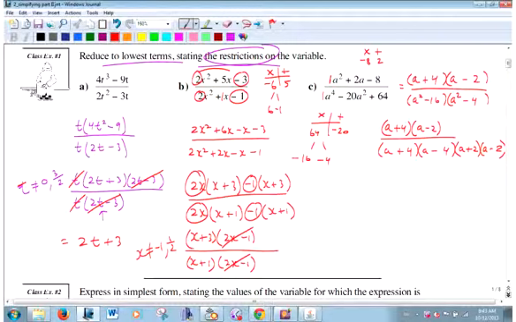Okay? I know we're really anxious to start crossing some of these factors out, but do your restrictions first, okay? A can't be 4 or minus 4. So I know the book likes writing it like that. And it can't be 2 or minus 2.